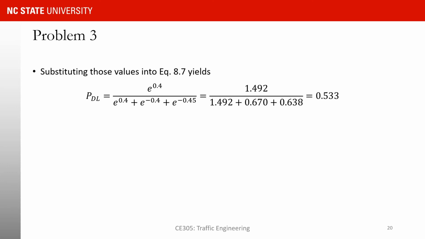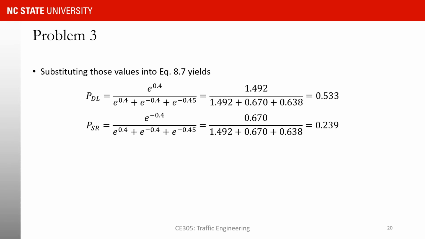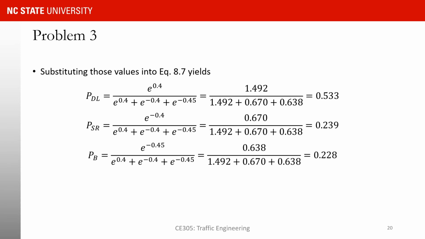So let's find the probabilities. The probability of driving alone is going to be 0.533, sharing a ride 0.239, and going with the bus is going to be 0.228. For the number of people, you need to just multiply each of these by 4,000, the total number of commuters.